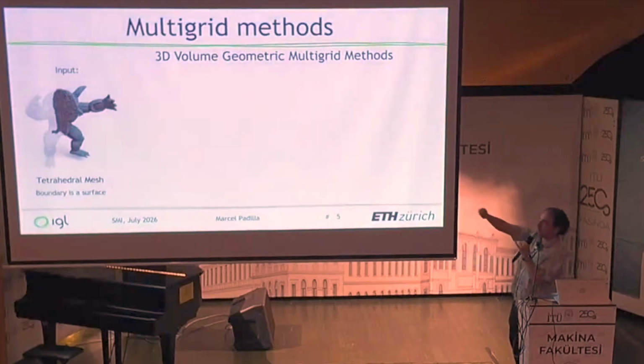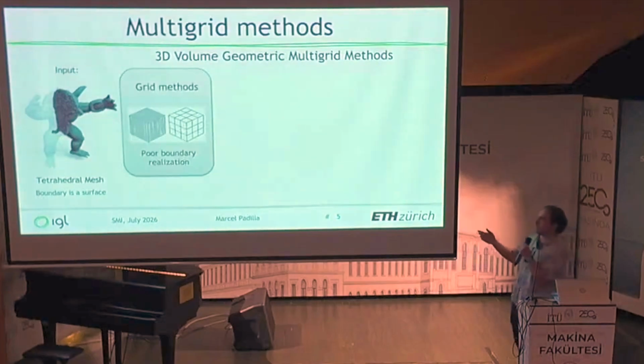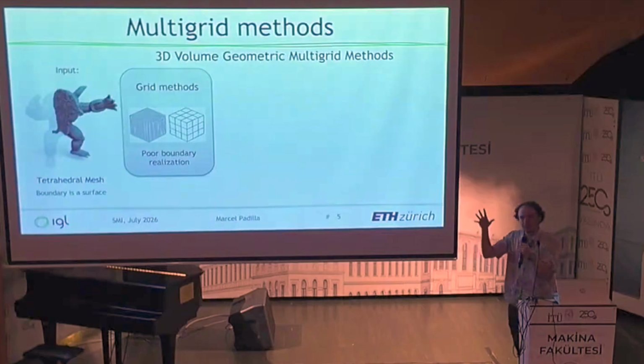So we have a 3D volume that we want to use multigrid on. And there are different approaches to deal with 3D multigrid. Very basic, popular, and awesome are grid-based methods, but they are not suitable for representing curved surfaces when you are reducing the resolution.